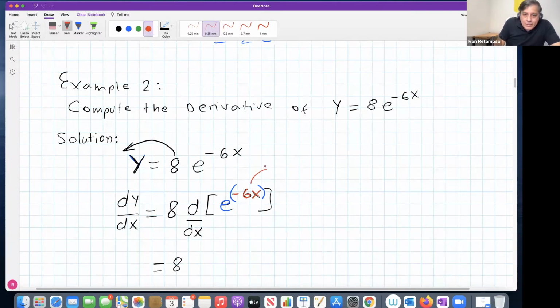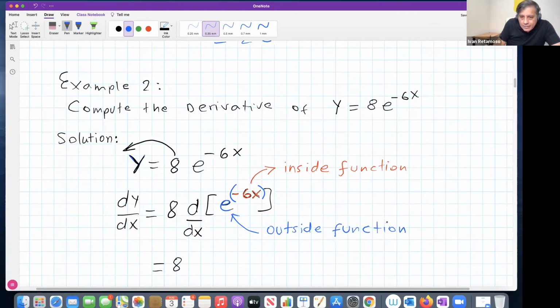Sometimes students are puzzled when I do this with exponential functions, so I'm going to write it here for you. Inside function, the exponent, what appears on the exponent, that is the inside function. And the exponential function, e raised to something, this is the outside function. All right, this is how this works.